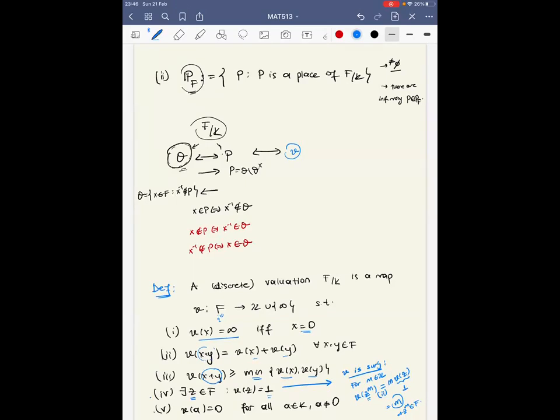And the last property tells us that the valuation of any non-zero constant is 0.